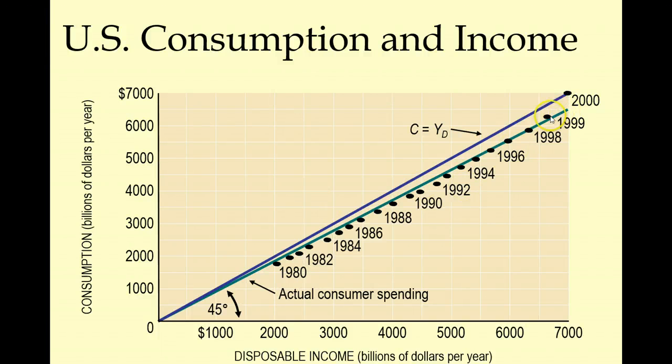So any point on this line tells you that you're below the 45-degree line, which simply means that you're not spending all of your income. Of course, if we had a point above the 45-degree line, that would mean that you are spending more than your income, which means you are either dipping into your savings or you are utilizing credit.